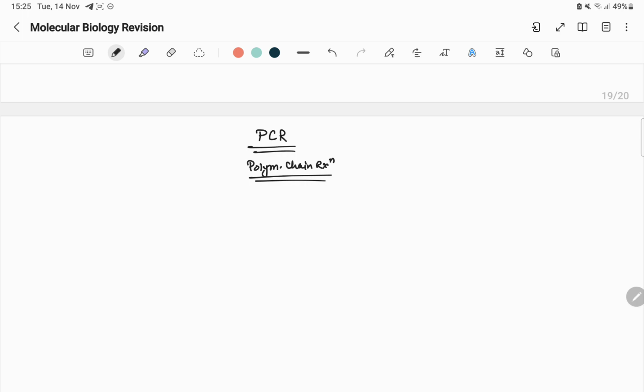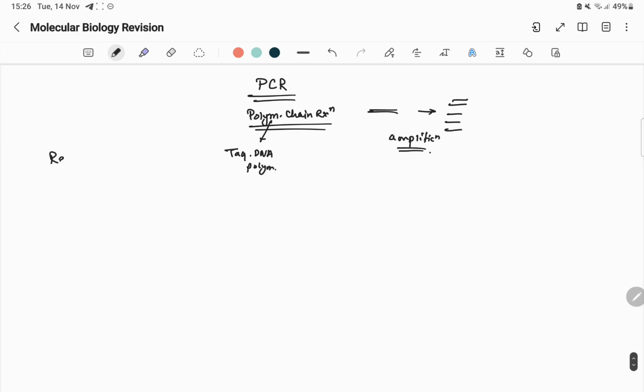PCR is an amplification technique where a DNA polymerase, Taq DNA polymerase, is used. It proceeds in an exponential manner to produce the desired product. Like if you have a DNA, and you have to produce several copies of it, you use PCR. So it is an amplification technique.